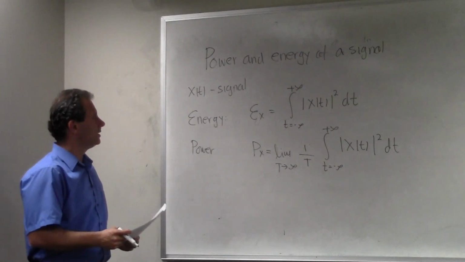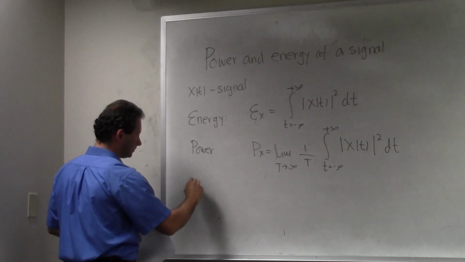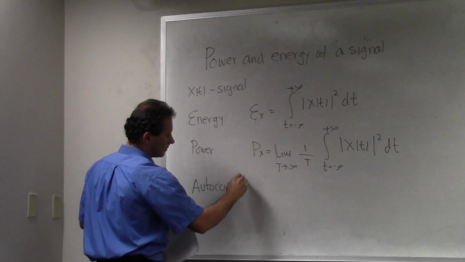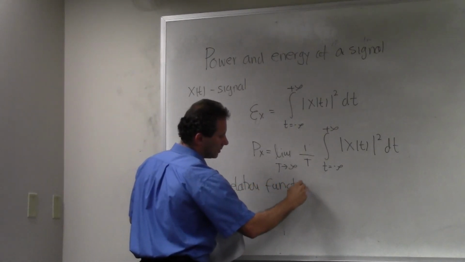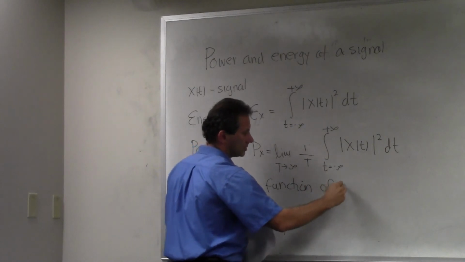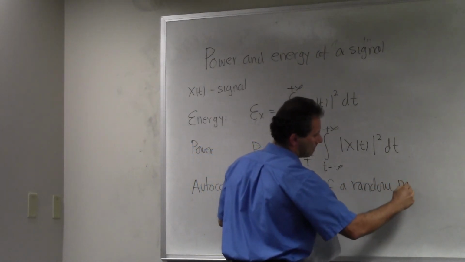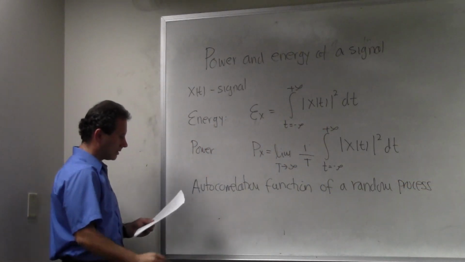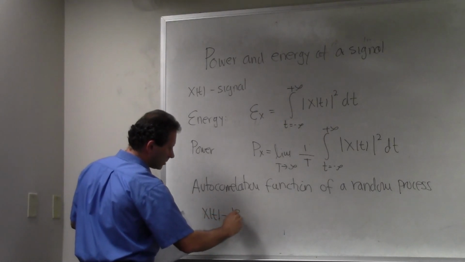Let's define another important quantity, which is autocorrelation. Autocorrelation function of a random process. Let x of t be a random process.